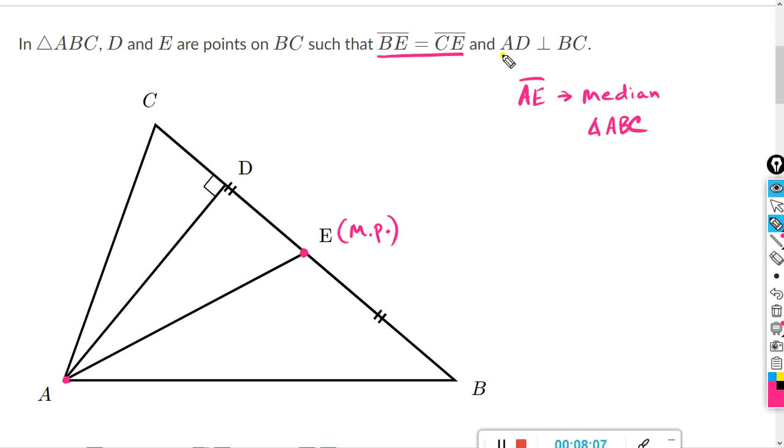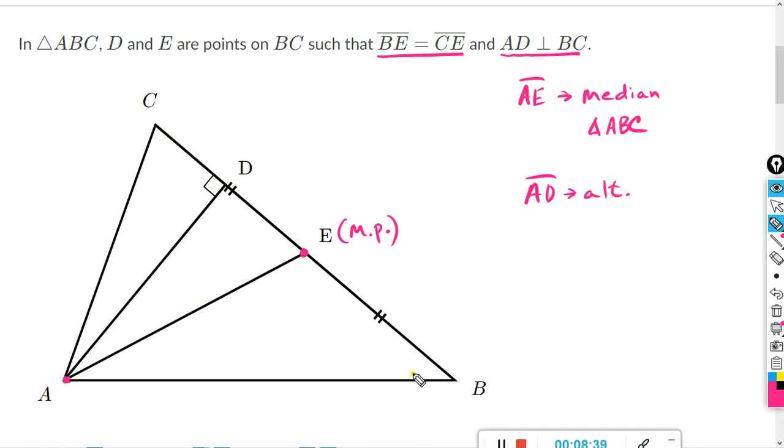And then AD is perpendicular to BC. So here's AD right here, and it's perpendicular to this whole thing right here. Since it's perpendicular, it goes from the vertex to the opposite side. That means AD is an altitude. And again, it's perpendicular to this whole thing.